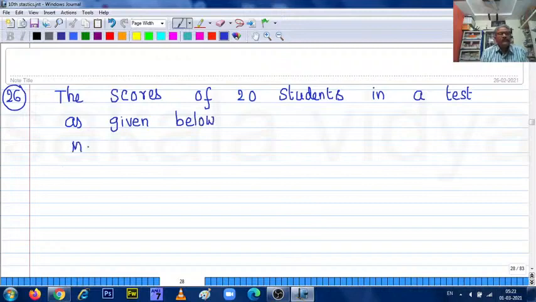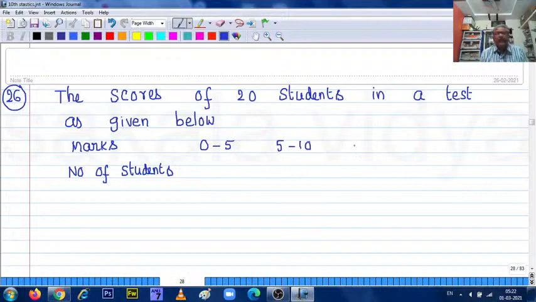So marks, number of students: 0 to 5, 5 to 10, 10 to 15, 15 to 20, 20 to 25.